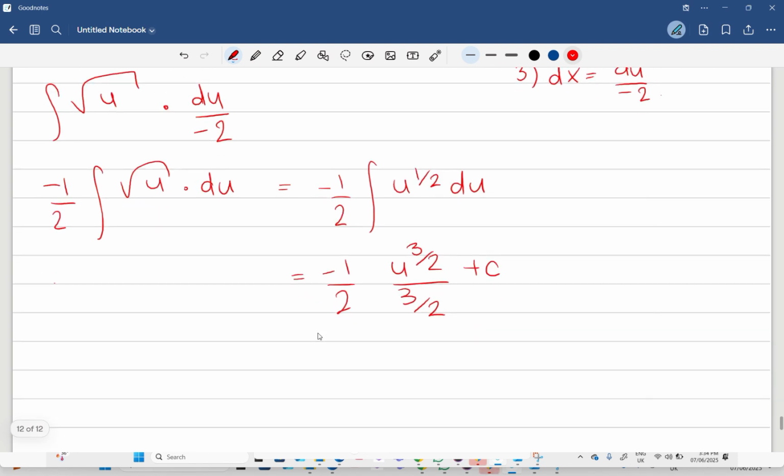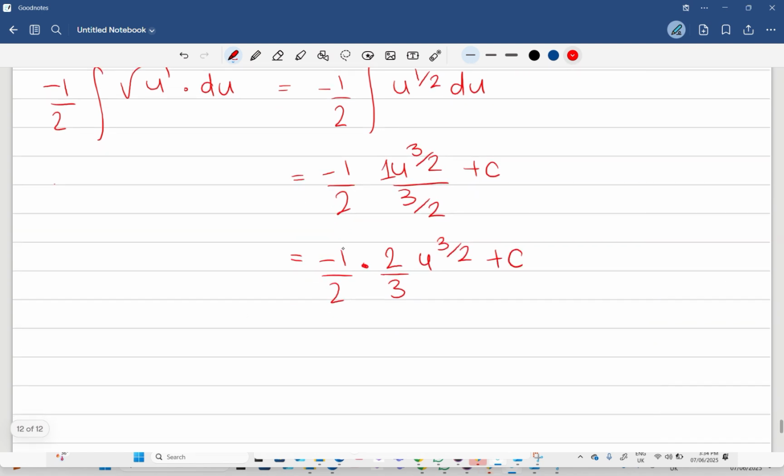Now, like we said in 4.7, negative 1 over 2 multiplied by 1 divided by 3 over 2. 1 divided by 3 over 2 is the reciprocal, which is 2 over 3. Or you can just do it on the calculator, 1 divided by 3 over 2, if you're unsure. So u to the power of 3 over 2 plus c.